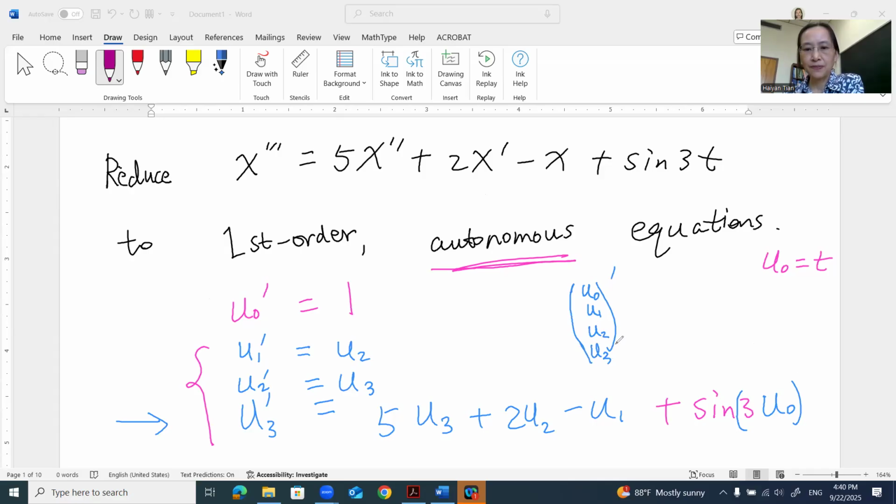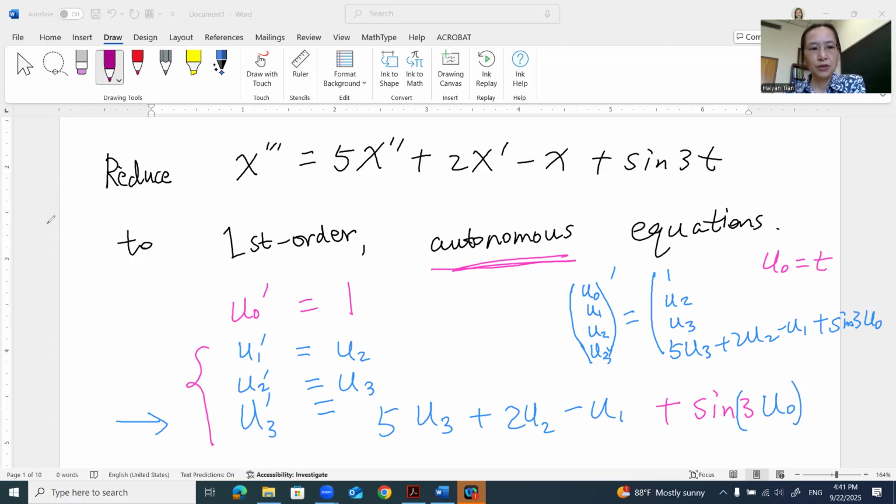So now we have the derivative of this U, and the right-hand side is the vector field, right? So the first entry is 1, the second one is U2 and U3, and the last one is 5 U3 plus 2 U2 minus U1 plus sine 3 U0.